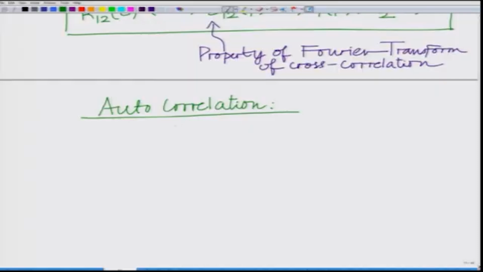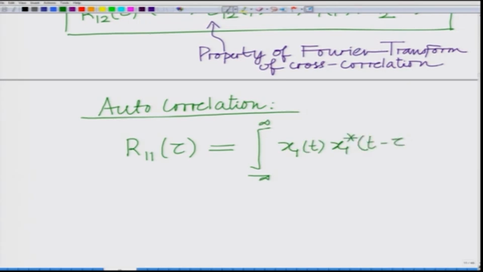So, the autocorrelation R11(tau) is x1(t) times x1 conjugate of t minus tau, integrated.